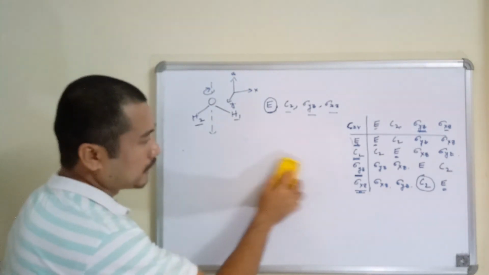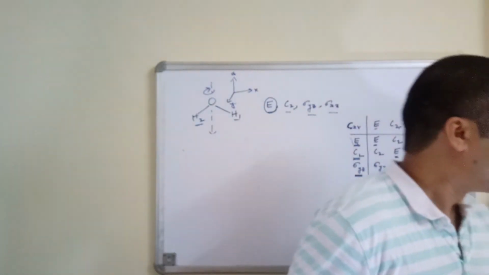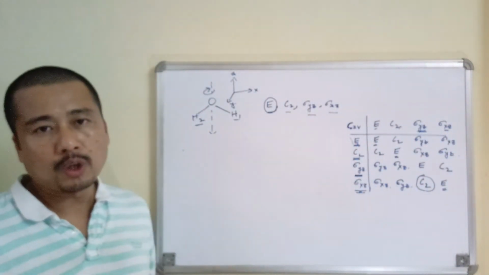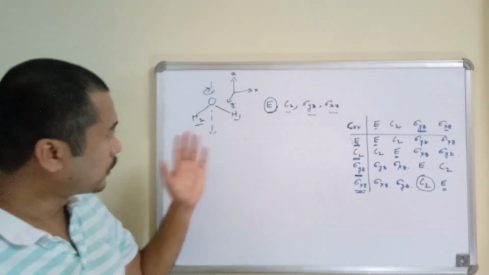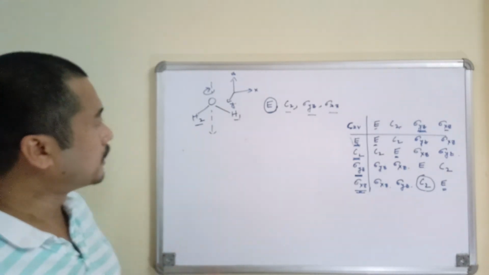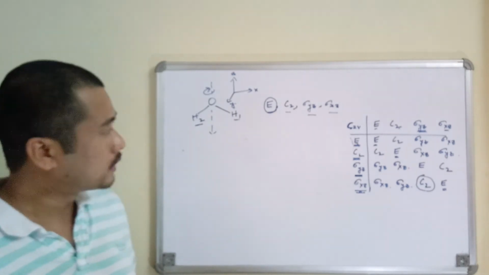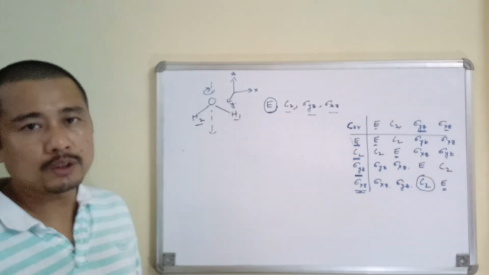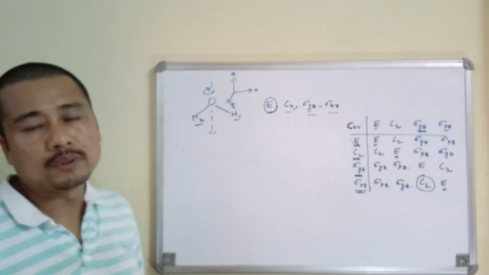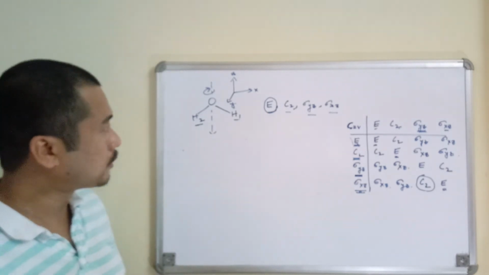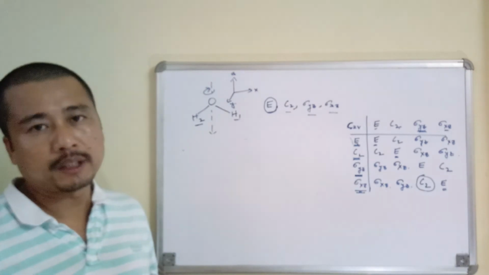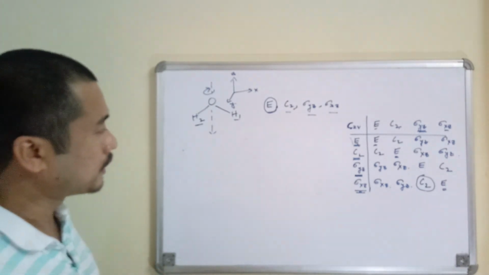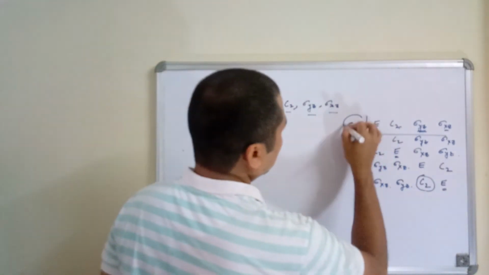So what we have essentially seen in this case is that for the symmetry operations of the C2v point group, there are four symmetry operations: identity, C2, sigma yz, and sigma xz. These symmetry operations follow all four rules of a mathematical group, and that is why this collection of symmetry elements can be called a mathematical group.